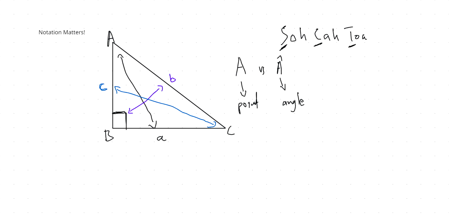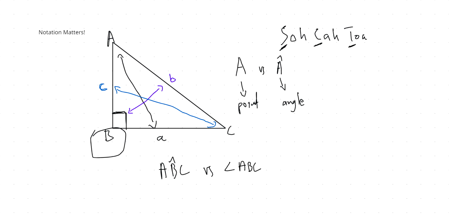So please be aware, if you want to use 3 letters to refer to an angle, let's say we want to refer to that angle, we will say angle ABC like that, with a hat above the letter where the angle is formed. Another notation that they use is to use the angle symbol in front, and you write ABC like that.